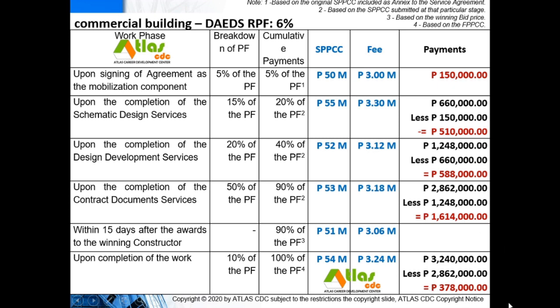This is not really confusing, but some clients find this very confusing. Why is the professional fee always changing? So why not just base it on one figure?